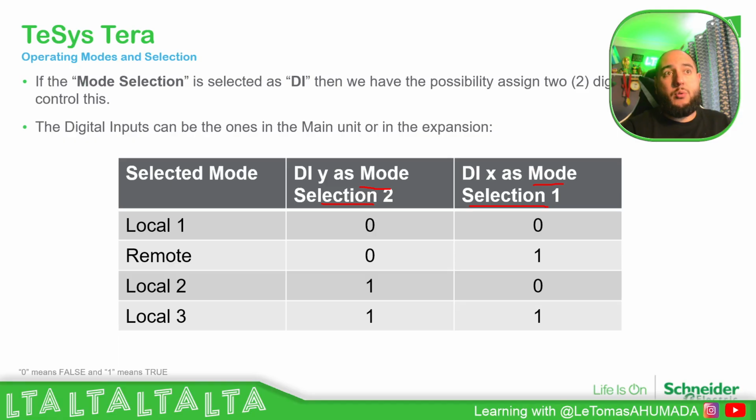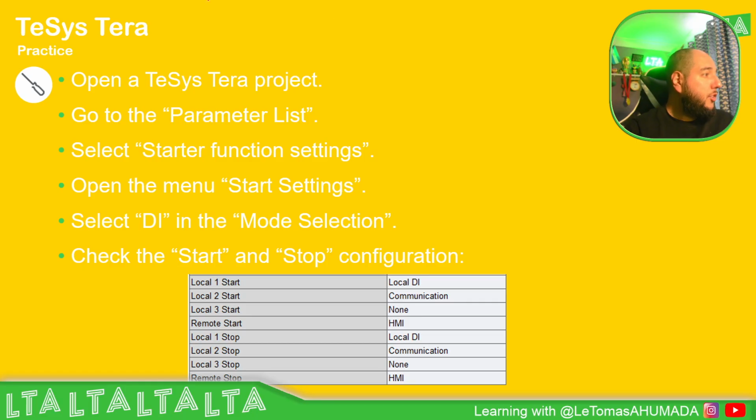That could be a switch or a push button on the cabinet. This is an example, and we just need to make it run in this way.